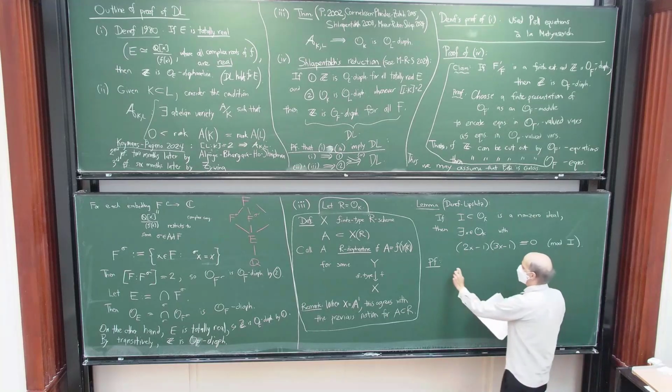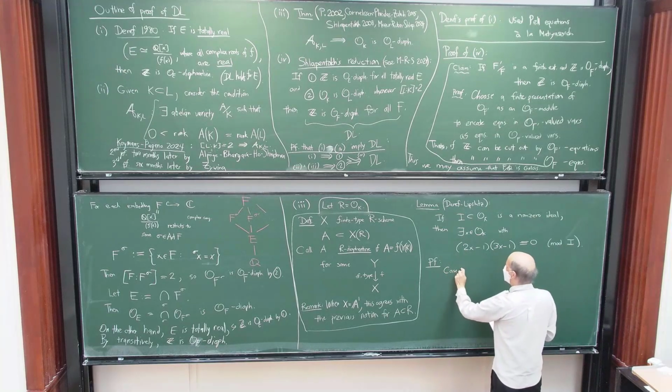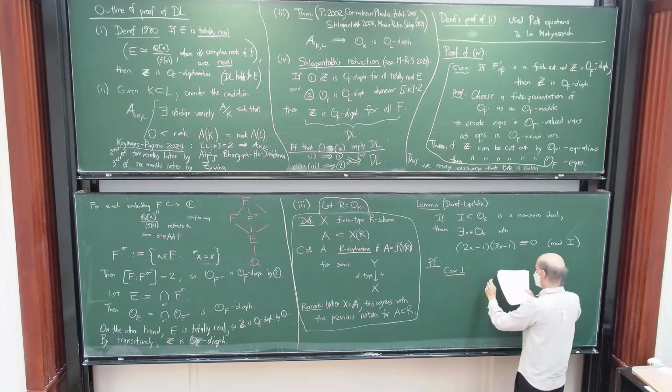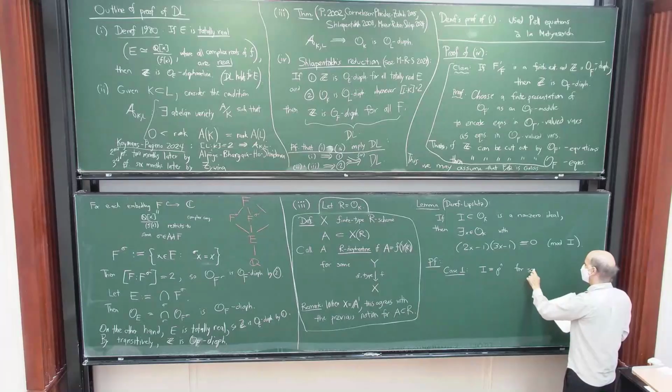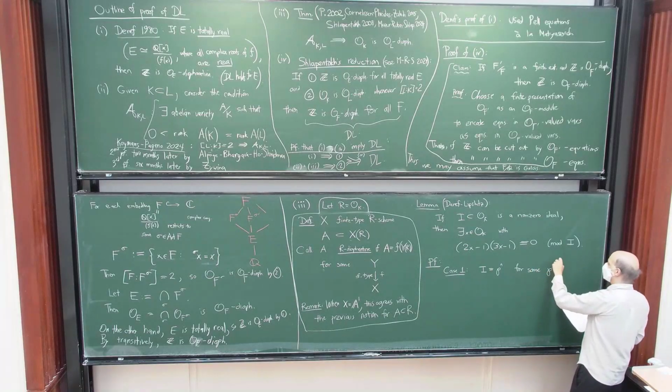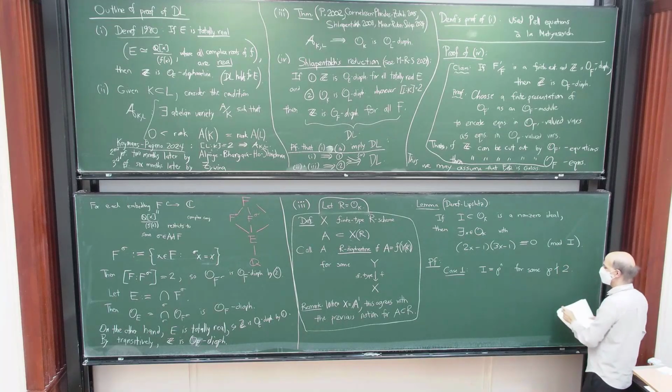Let's first do the case where I is a prime power. So suppose that I is p to the n for some prime ideal of O_K, and let's assume that prime is not above 2.